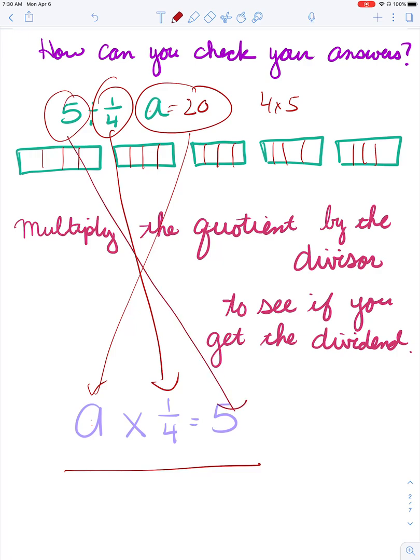So if I plug in 20 where A is and multiply it by 1/4, I get 20 over 1 times 1/4. Then 20 times 1 is 20, and 1 times 4 is 4. And when I take my improper fraction and make it into a mixed number, what do I get? Remember, I'm just trying to find out how many 4s are in 20. If I divide 4 into 20, I get 5. And therefore, they match, and this problem checks.